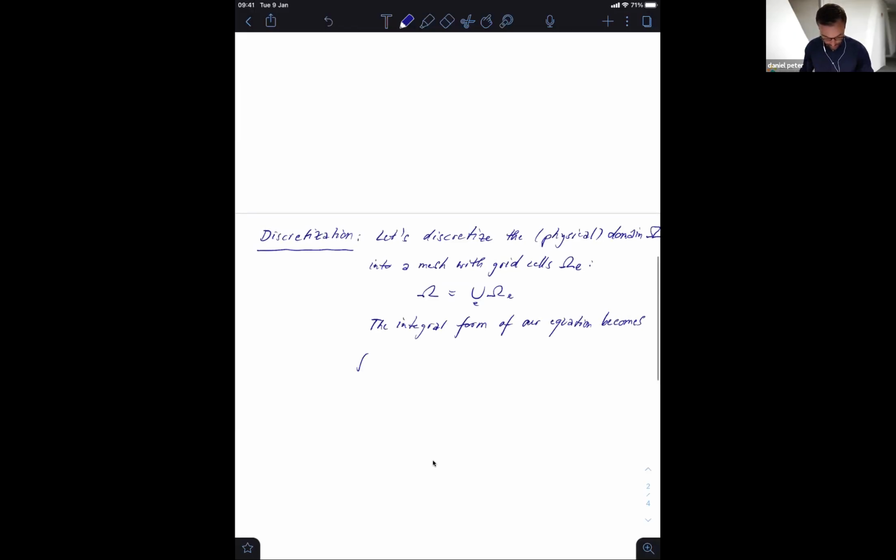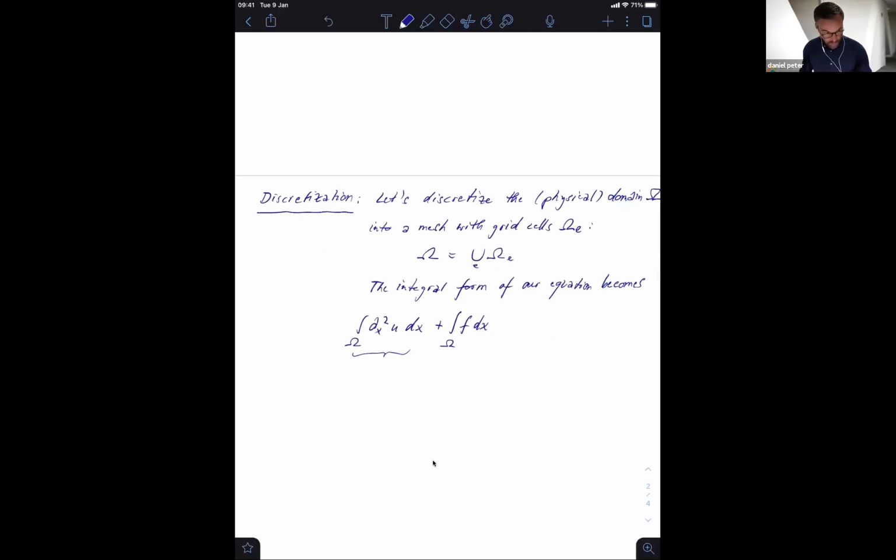So what about the integral form? Well, let's look at that. The integral form for our equation becomes now the following. We have the diffusion term, the second order derivative of u with respect to position x, plus our force term, dx.